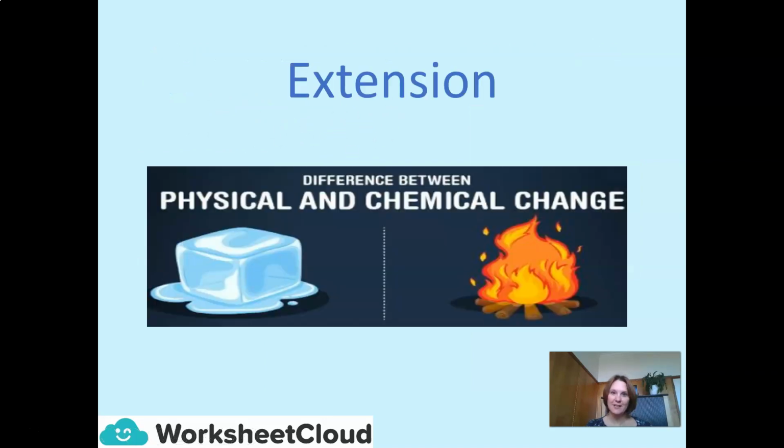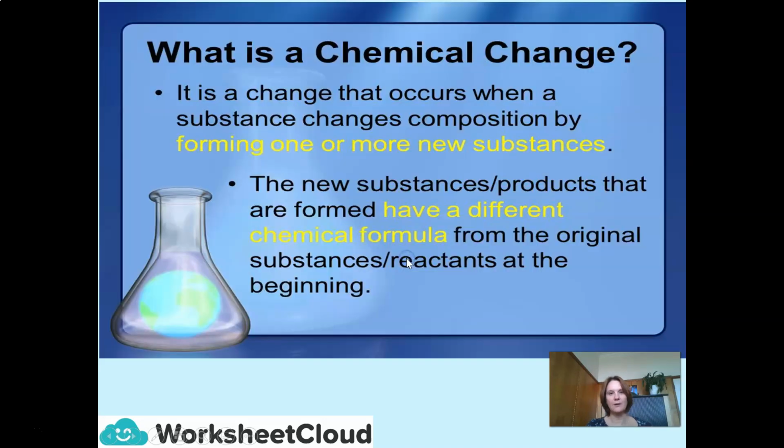A little bit of extension for those of you that want to just go that little bit further. I've been speaking a lot about the physical properties of a material, and we didn't really even mention the chemical properties. So what is the difference between a physical and a chemical change? And you do go into this in a lot more detail further on in the curriculum.